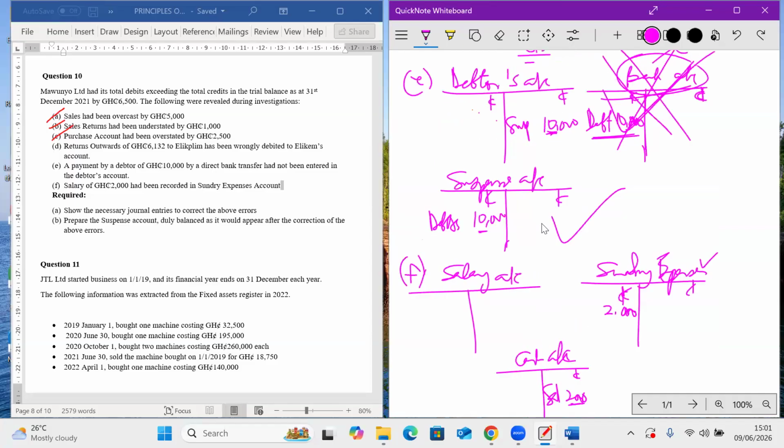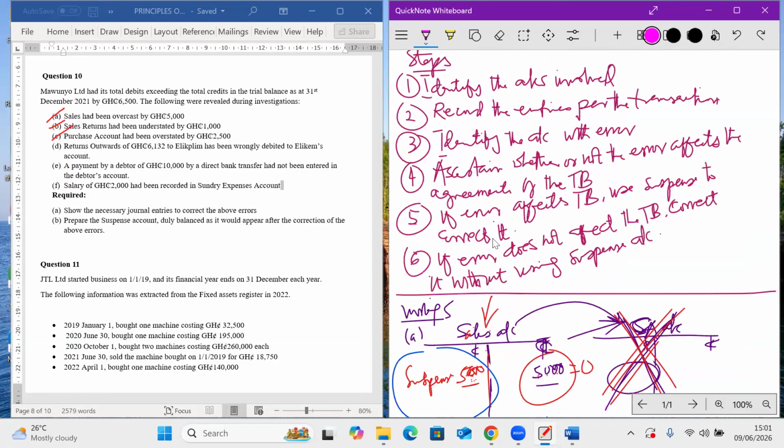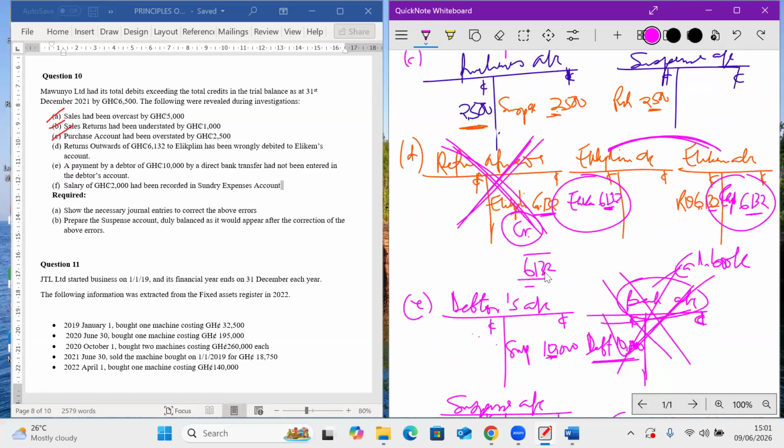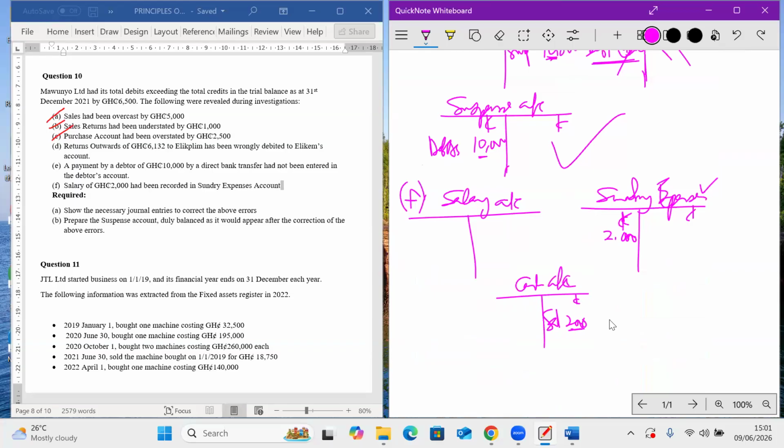So we go to the next step. Identify the account with error. These three accounts, which of them has or have the error? Salary and sundry. Yes, which of the accounts have errors?